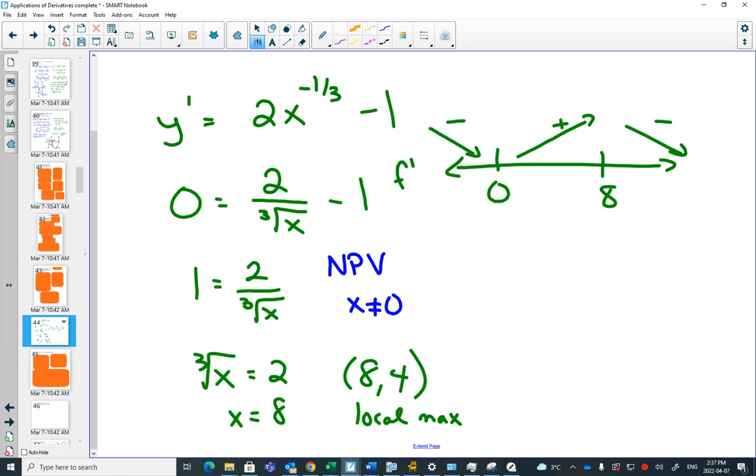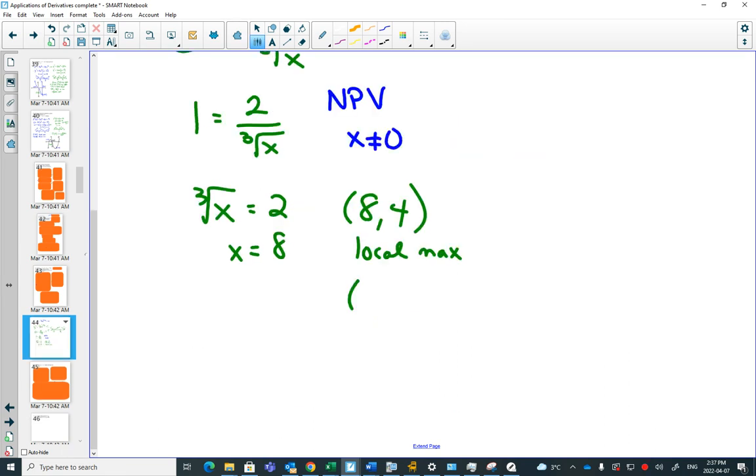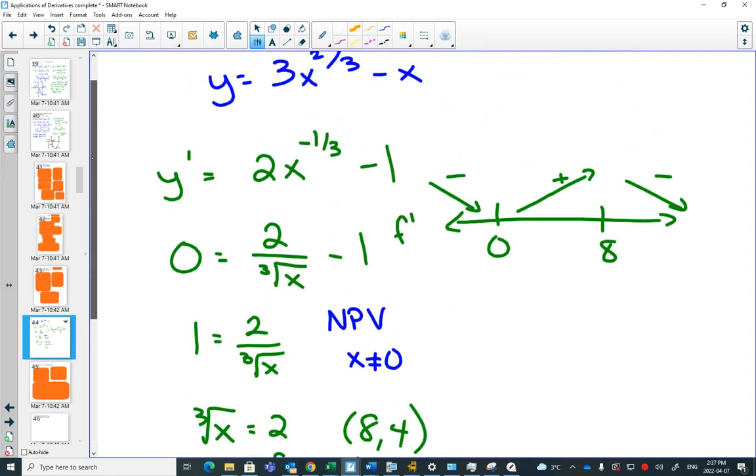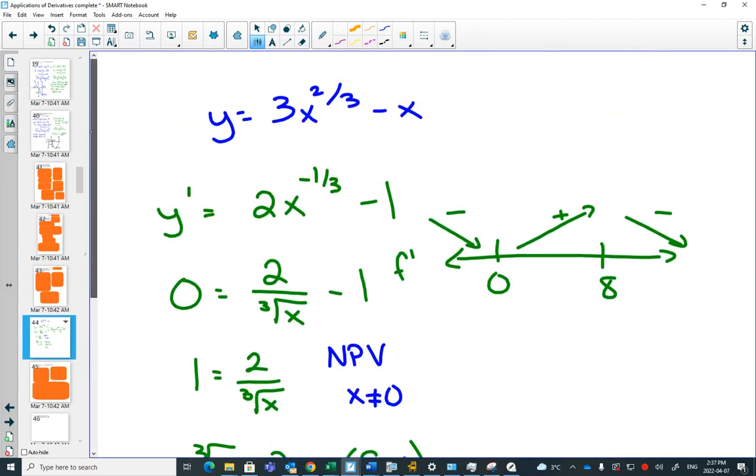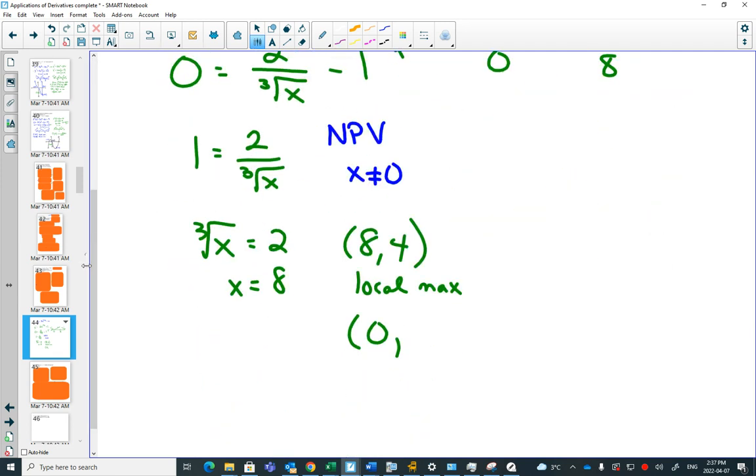We're not quite sure what 0 is. We know that something interesting happens at 0. And if we plug 0 back into our original equation, we get 0. 0 comma 0 is an interesting point. I don't know if we can write that down yet, but we don't know what's really happening there.